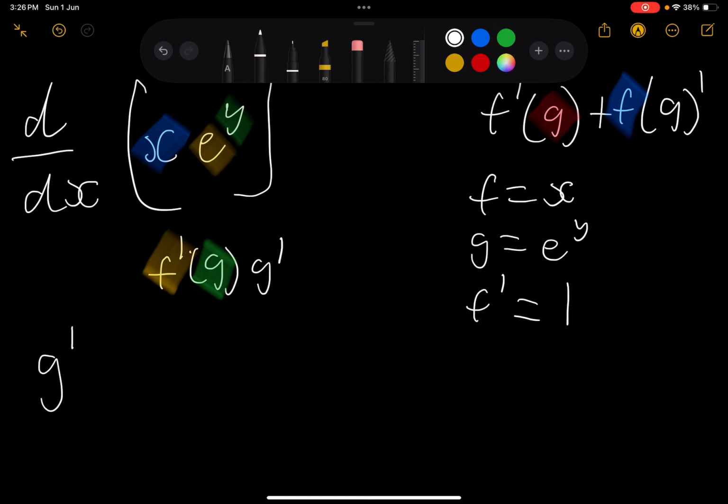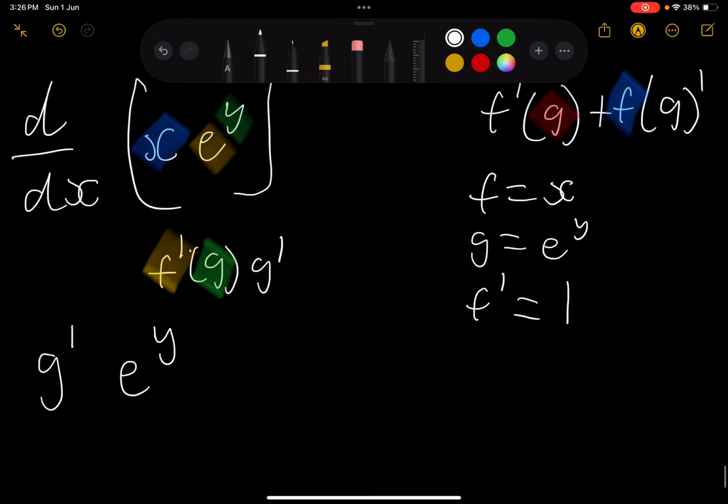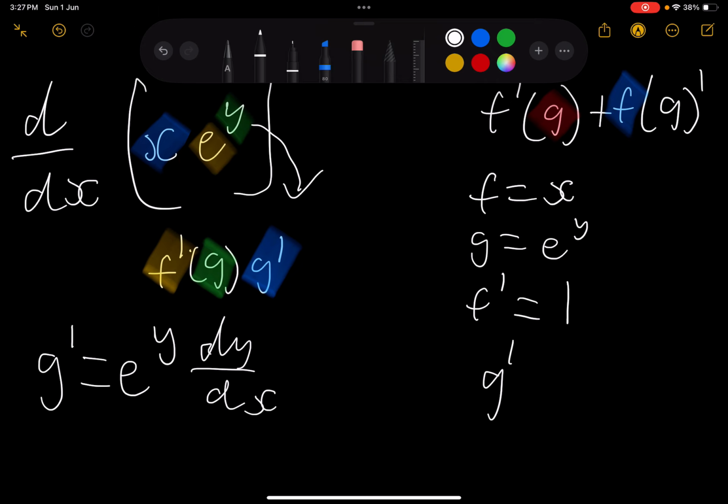So when we derive e, it's just going to be e, and the inner function of y stays the same. And then for that last part, we're taking the derivative of y with respect to x, which is going to be dy over dx. So that's what g prime equals. And then we just use the product rule as we normally do.